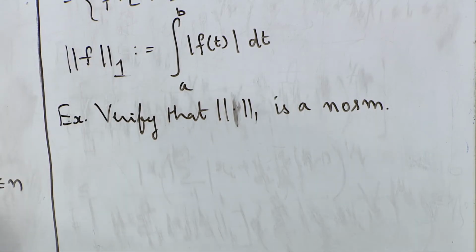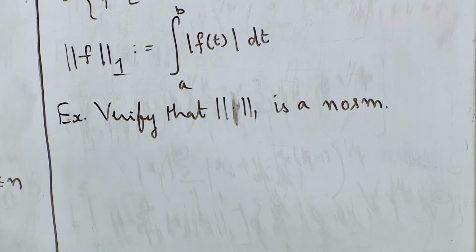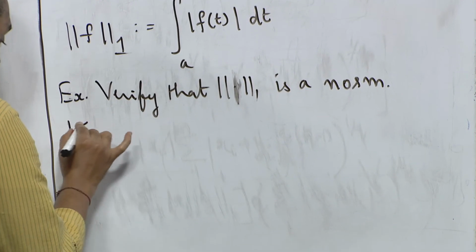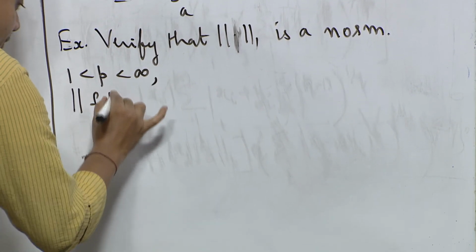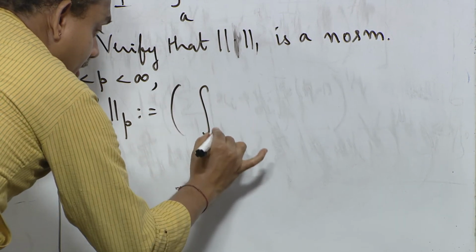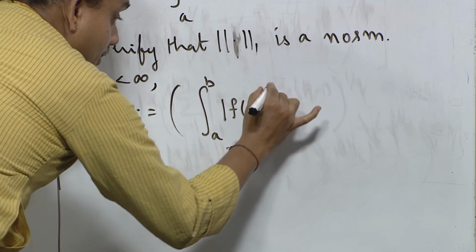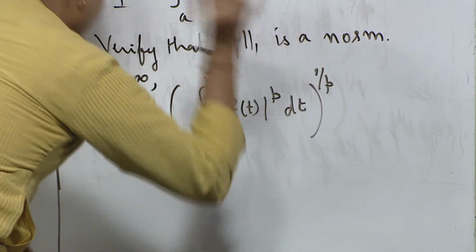right. So, natural question is, why can't we go for other p's and similarly for infinity? Yes, the answer is yes. So, for 1 less than p less than infinity, let me define the norm as the integral a to b mod f(t) power p dt, whole raised to the power 1 by p.